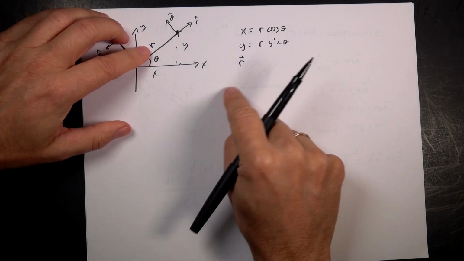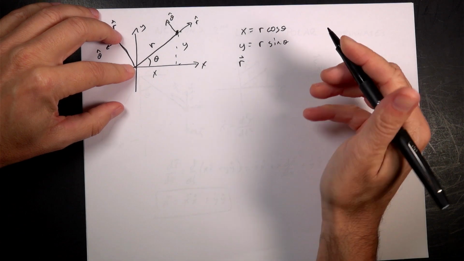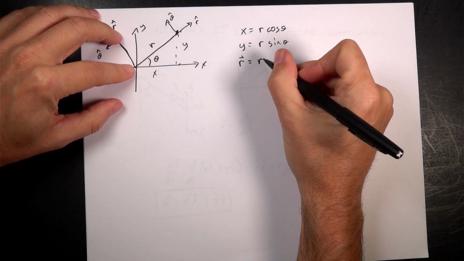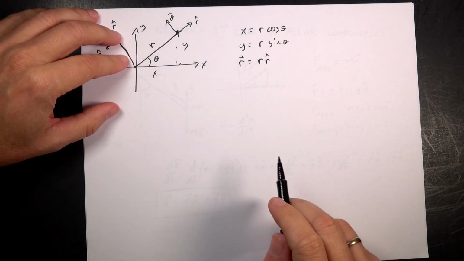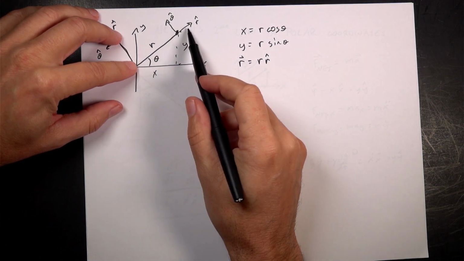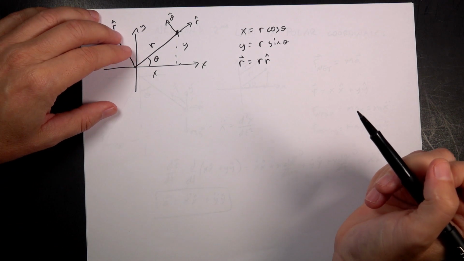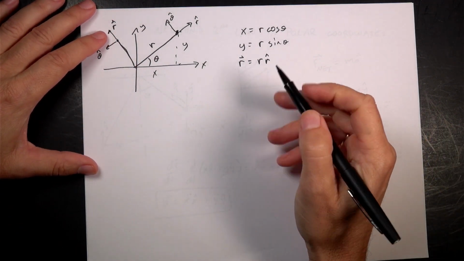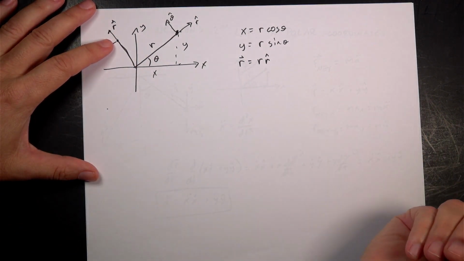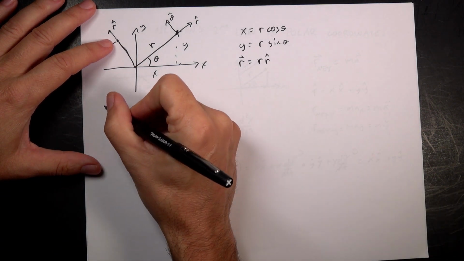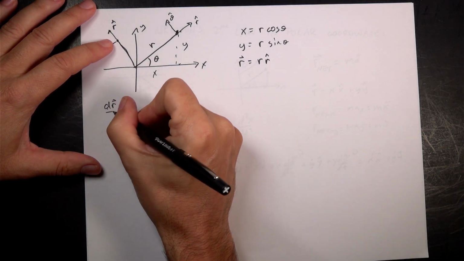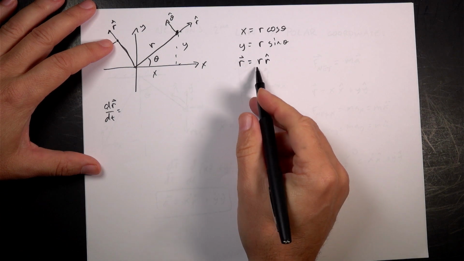But I can still represent the position of this as a vector in polar coordinates, r times r hat. It says go a distance r in the direction of r. That's my position vector. Let's take the derivative of that. I need the second derivative to get the acceleration. So dr/dt is going to be the derivative of this.